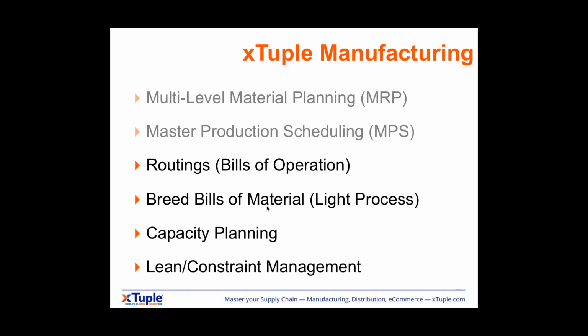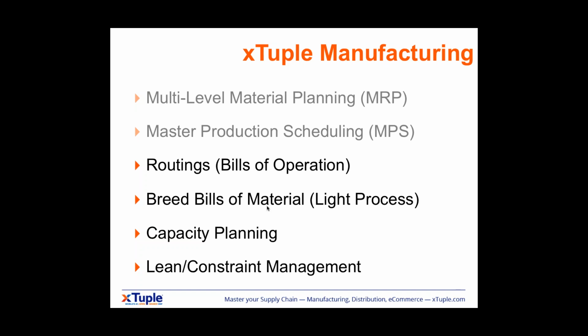And then routings. Routings is a really key component to manufacturing, right? It's the steps in the manufacturing process. What do I need to do in order to make this product? In a metal manufacturing scenario, perhaps I'm cutting, and then I'm finishing, and then I'm welding, and then maybe I have to send a product out to be treated, and then it comes back in and a final assembly happens.